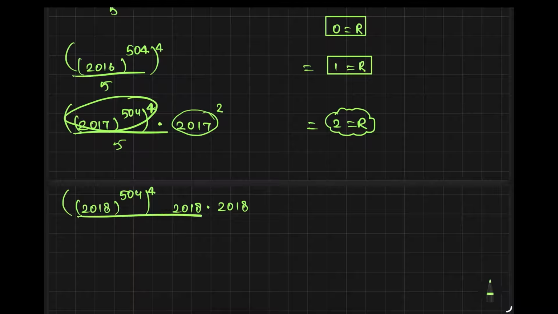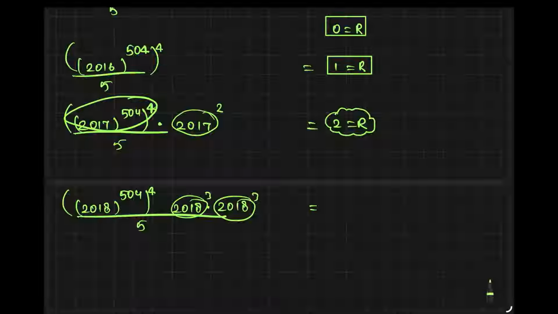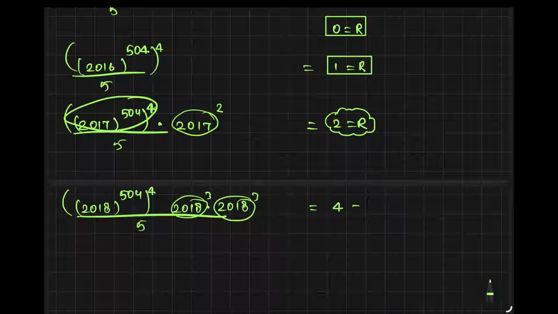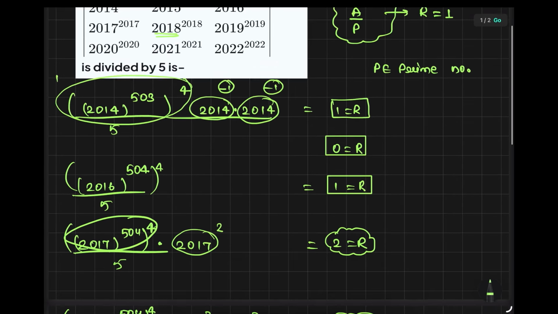Now if you divide by 5, this part will produce 1, and these will produce 3 and 3. So 3 3s are 9, 9 into 1 is 9. So if you divide 9 by 5, you will have remainder as 4. You have to do this.